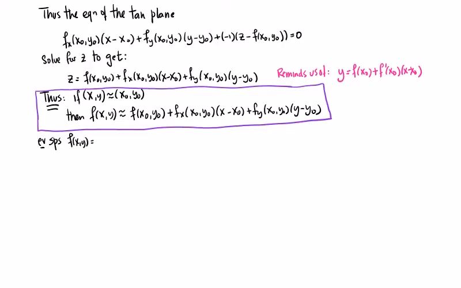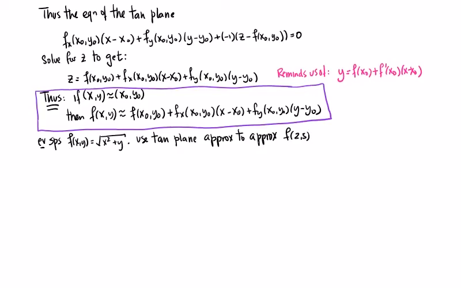So suppose I have something like f of xy equals the square root of x squared plus y. Let's use tangent plane approximation to approximate f of 2, 5.